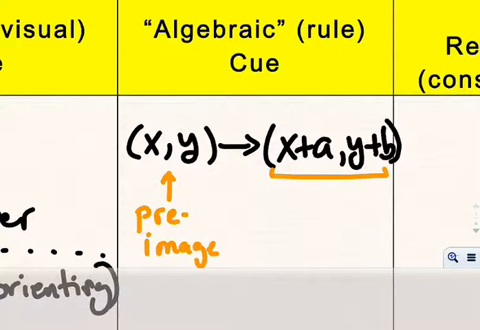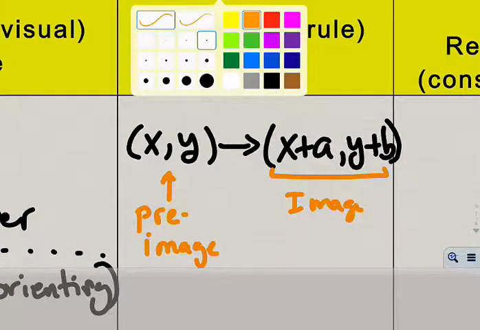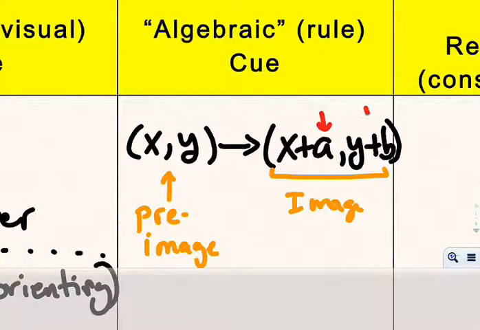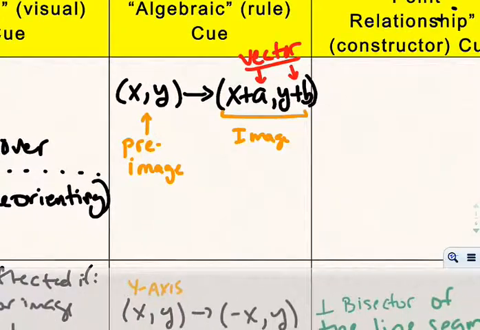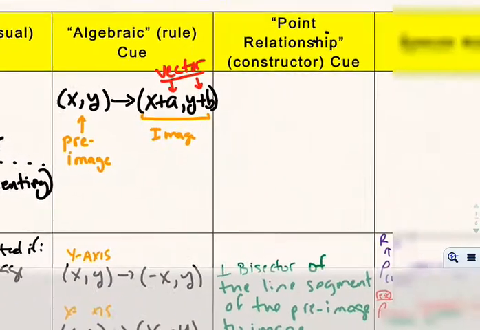And this guy right here is going to be your image. But it also should be noted that A and B define your vector. Wow, what letter is that? Bam! Vector. Okay? So that's something to keep in mind, that we're going to be moving by the vector as well.